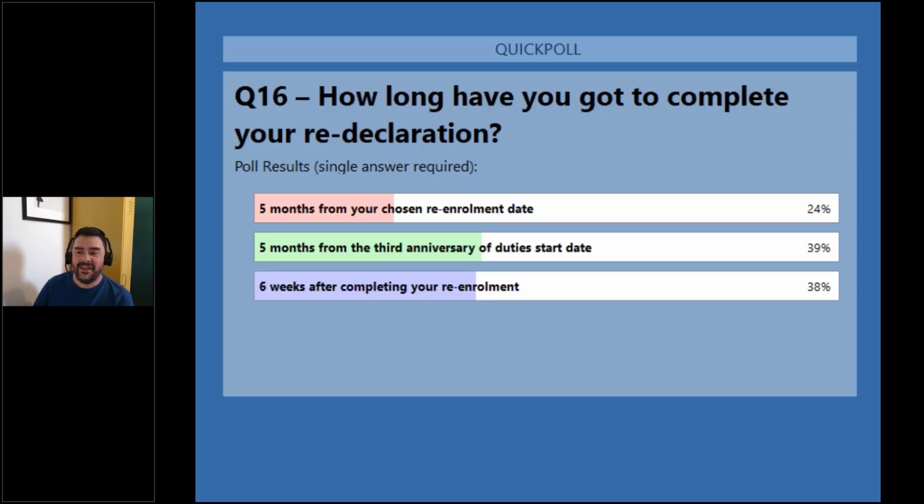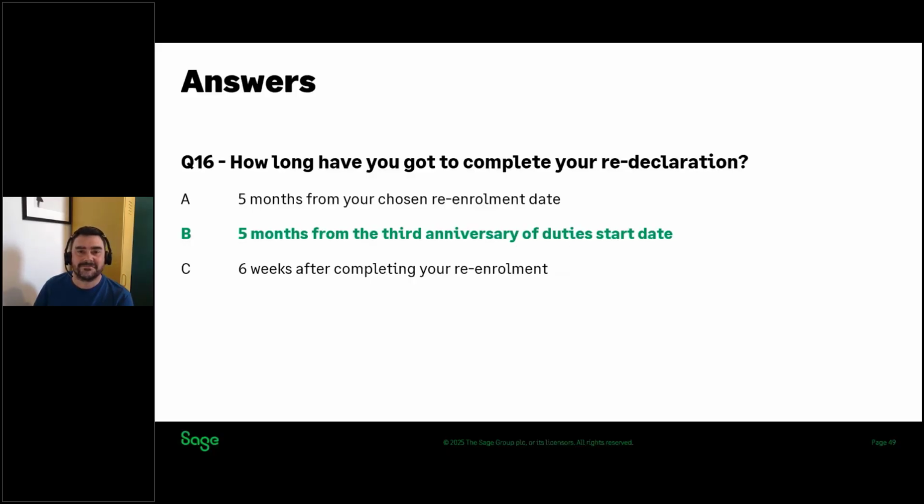Let's take a look at the correct answer there. So the correct answer was actually answer B, 5 months from the 3rd anniversary of your duty start date or previous re-enrollment date. So if you decide that you're going to choose a later re-enrollment date within that 6-month window, if you chose the latest possible date, so 3 months after the anniversary, that would leave you with 2 months to complete your redeclaration of compliance.